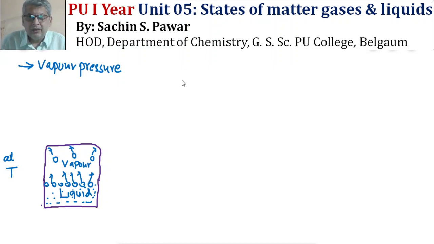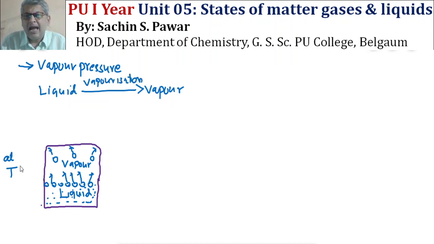So here the liquid is converted into vapors. This process is known as vaporization, and this happens at any specific temperature. At any temperature, some kind of evaporation is still there.